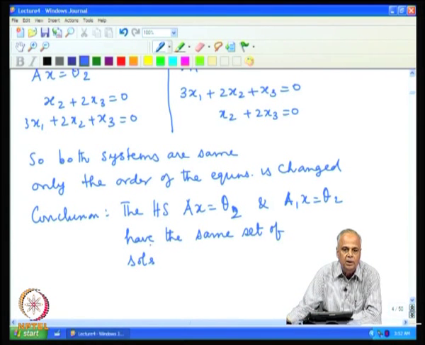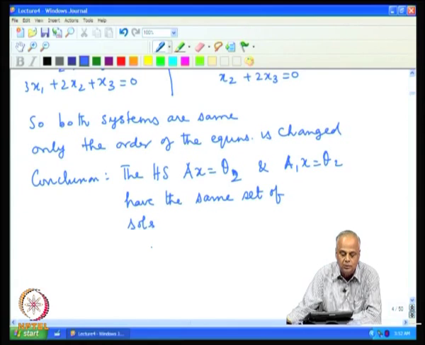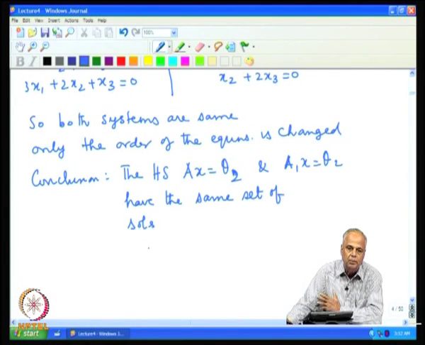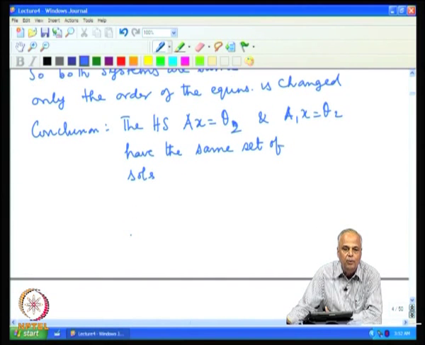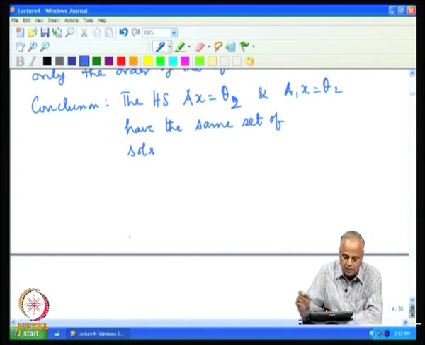Now, it is easily seen that the same thing happens in the general situation of an m by n matrix, because all equations except 2 are in the same position and 2 equations are interchanged in their positions, and therefore, both of them will have the same set of equations.